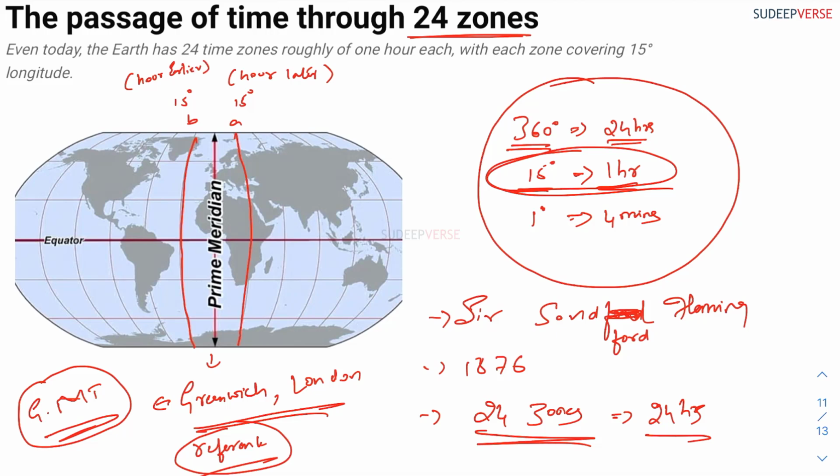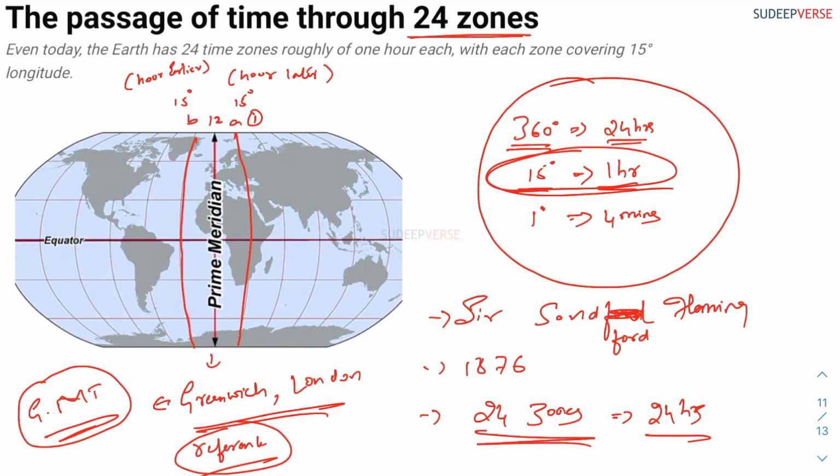If the Greenwich Mean Time is 12 o'clock, then the time experienced by A, which is 15 degrees east of Greenwich Mean Time, is going to be 1 o'clock. That is an hour later.